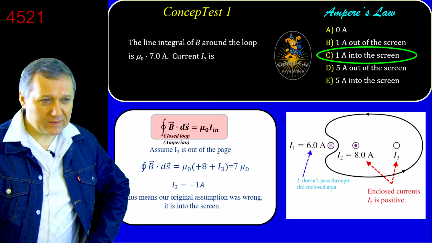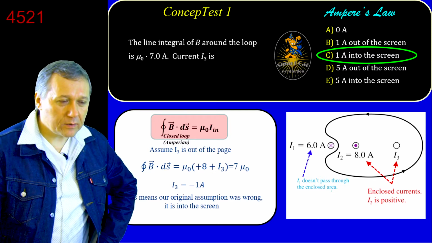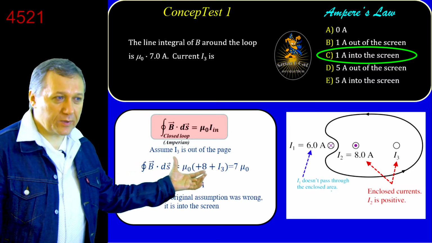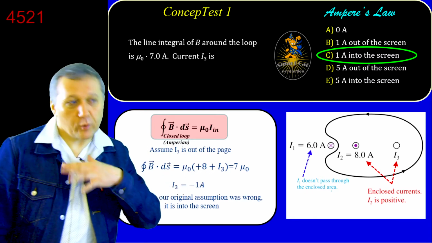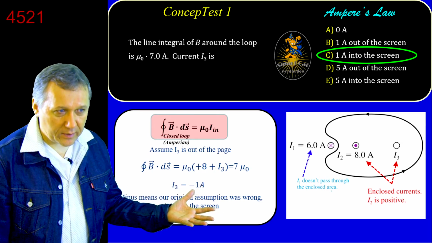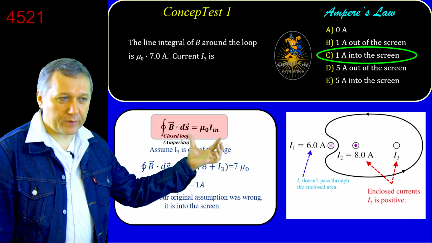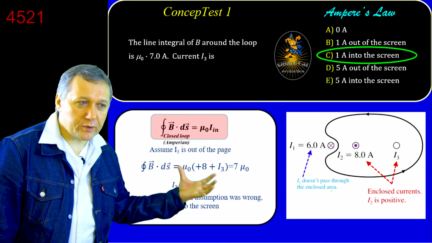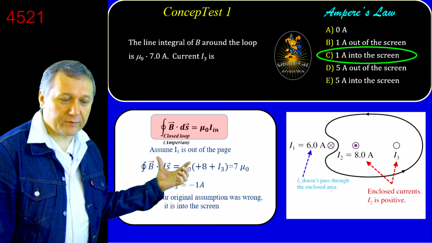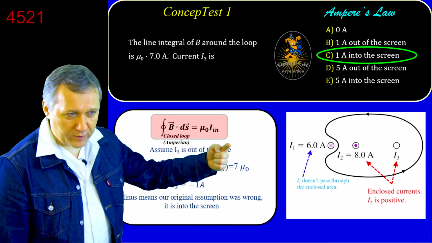Why is it into the page? Because at the very beginning we didn't have any information about current I3, but in order to write this side of the equation properly, we had to assume a current direction for I3. First I assumed that it's out of the page.